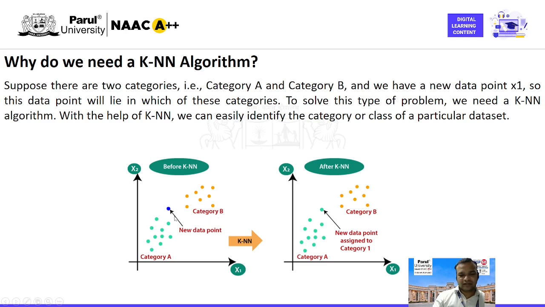Now we need to classify this new data point, and the problem is to find out which category it lies in, category A or category B. After applying KNN, we can identify that the new data point is assigned to category A because it is almost similar to category A, with features X1 and X2.